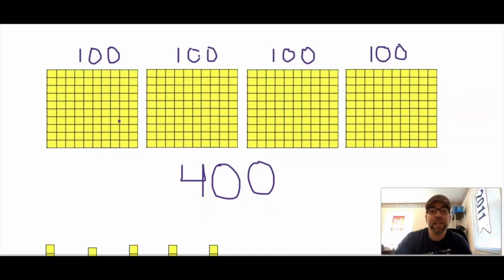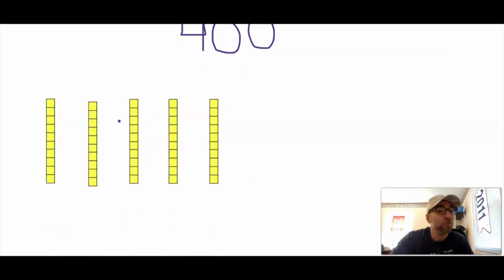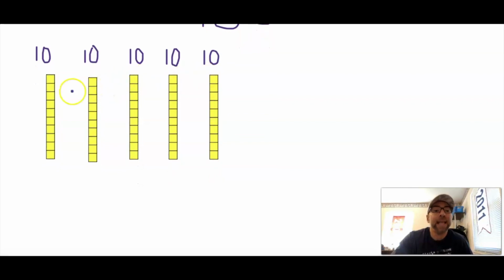Awesome job. Now we can also count our longs. Remember that our longs are worth 10, so whenever we see our longs, we have to count by tens. How much do I have with my longs? 10, 20, 30, 40, 50.